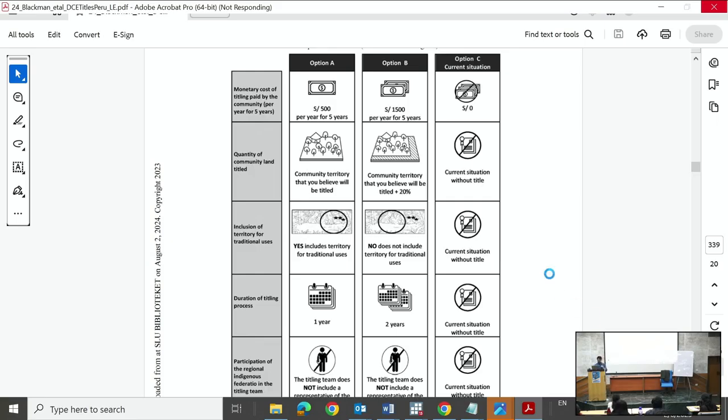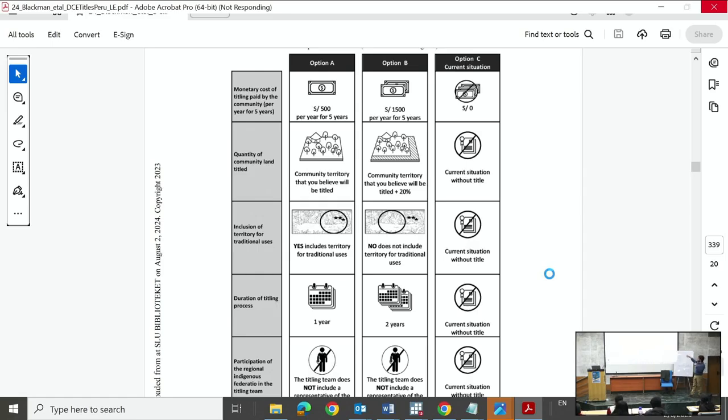Basically, in this discrete choice experiment, we went to the Peruvian Amazon and we asked the leader of the indigenous community, as a representative of the indigenous community, to evaluate whether he or she thought that their community were going to be interested in these contracts.